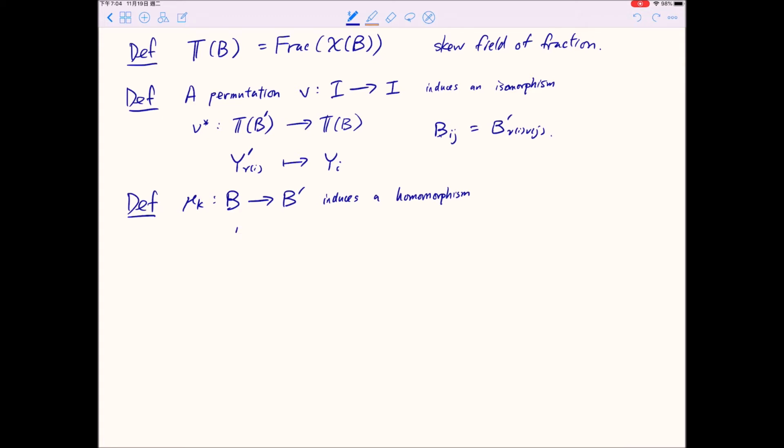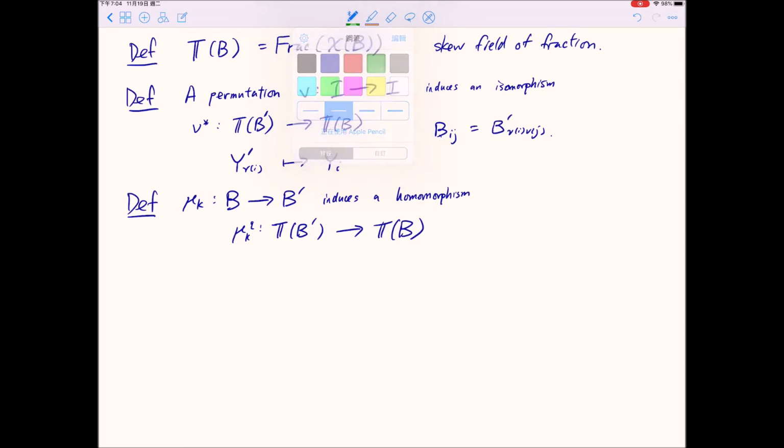From the field of fractions of the other back to B. So this is known as the quantum cluster mutation.